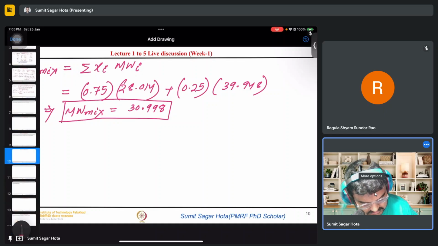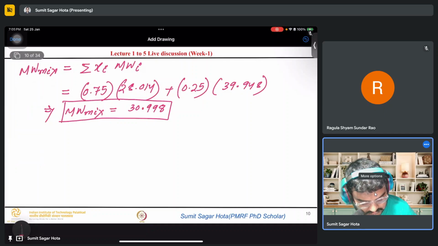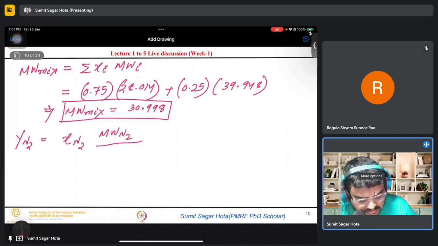Now these three things are done. Next, y of N2, that is the mass fractions, we need to calculate now. This is the relation by which we can relate the mass fraction and mole fraction.